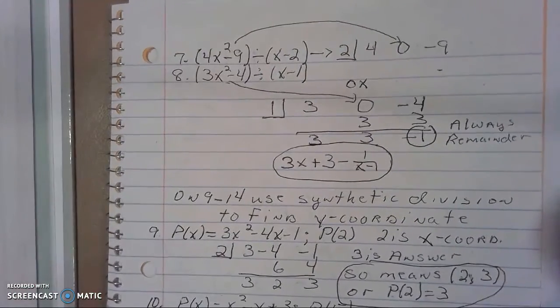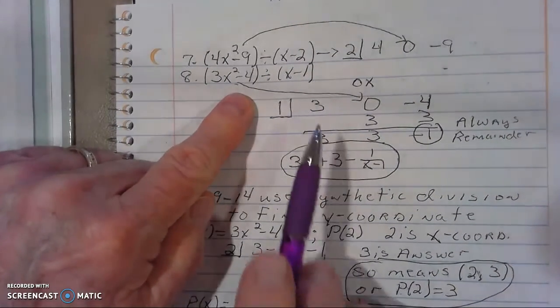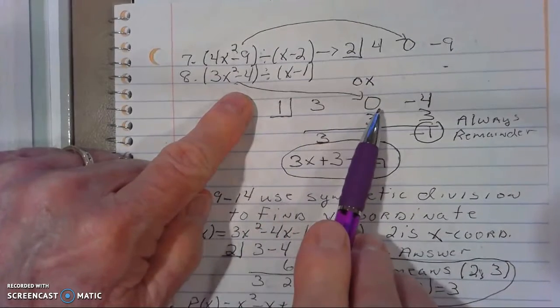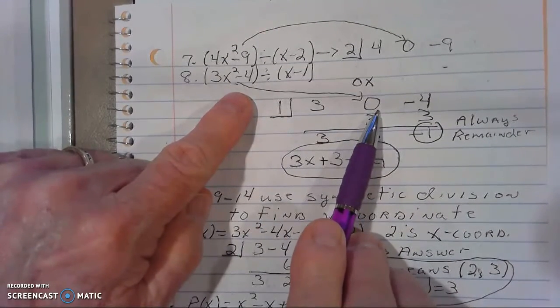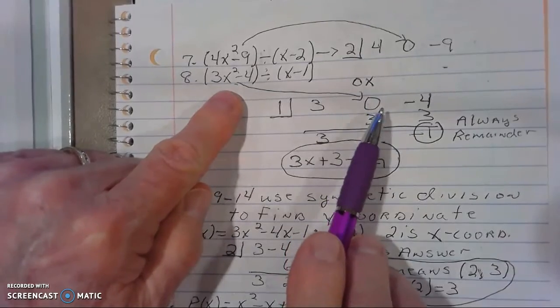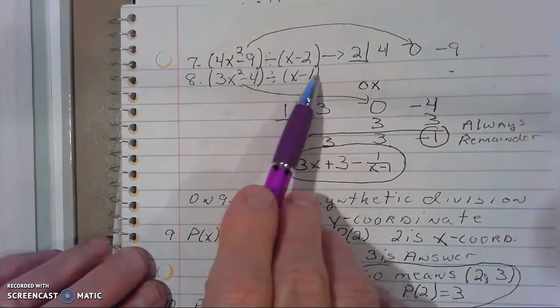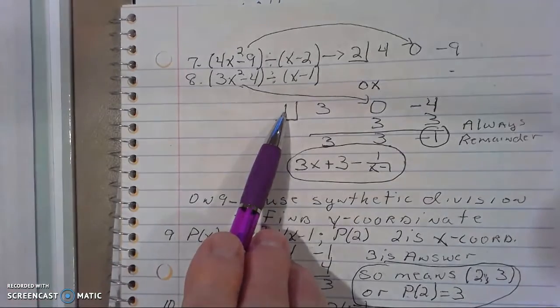Number 8, notice 3x squared minus 4. I put 3 and then I put a 0 because we went from x squared, we skipped over x to the first, so we've got to put a 0 in there, and then negative 4. From the x minus 1, 1 on the shelf.